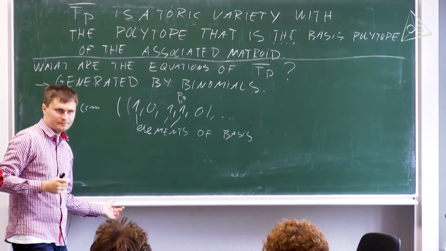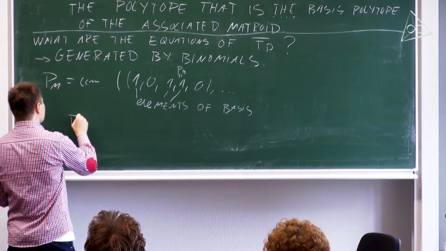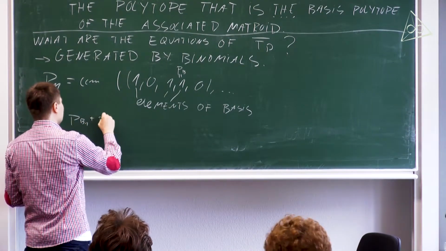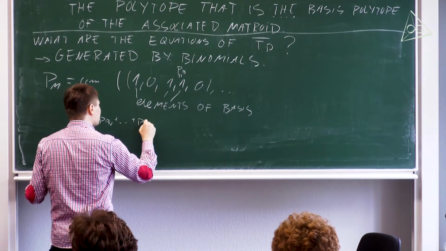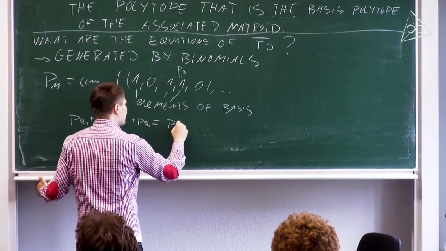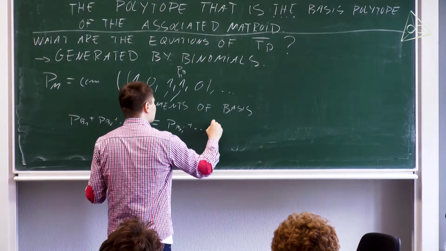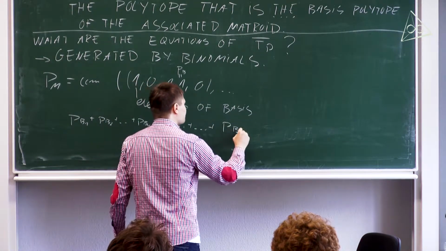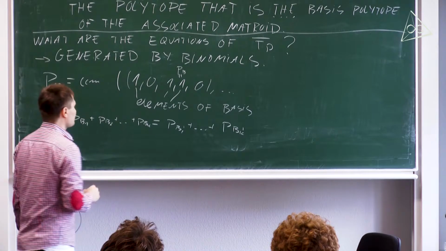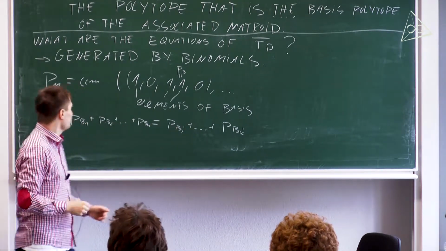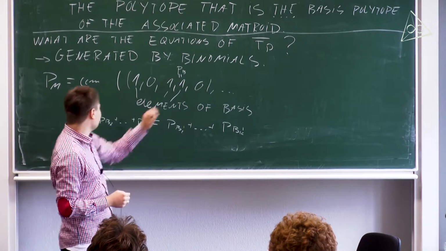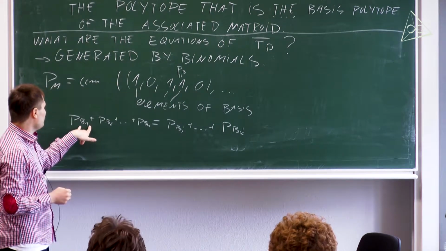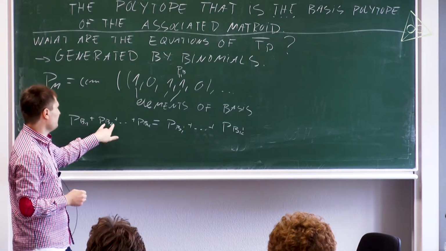Yes, you remember. Okay, what does it mean that PB1 plus PB2 plus ... PBK is equal to PB1 prime plus ... PBK prime? What does this mean? So PB1 is a point that has zeros everywhere, and it has only ones for elements of B1. The same for B2.